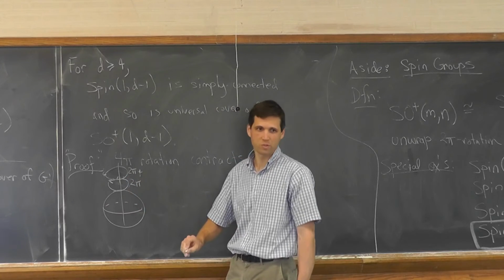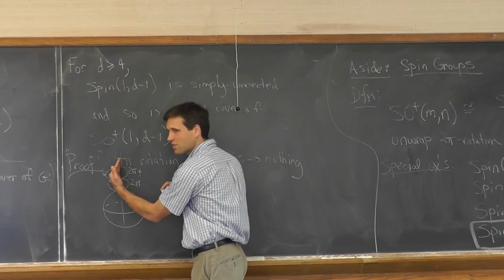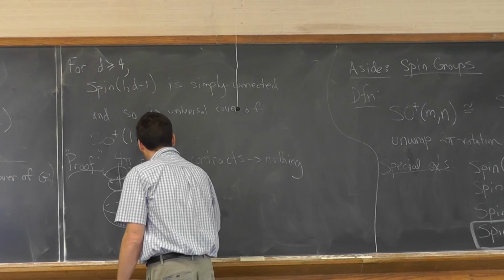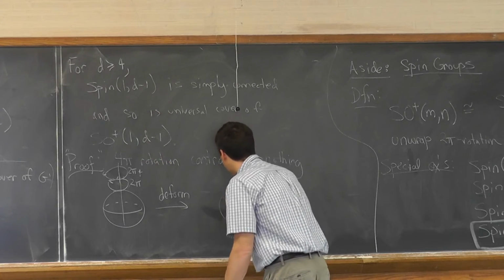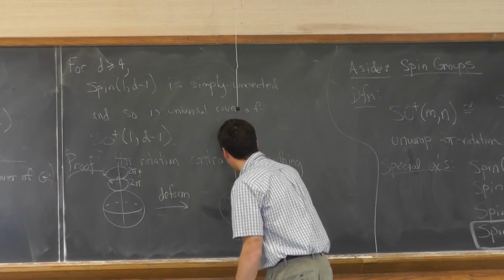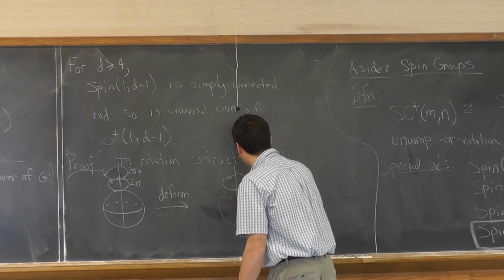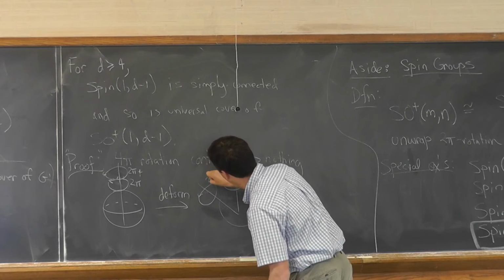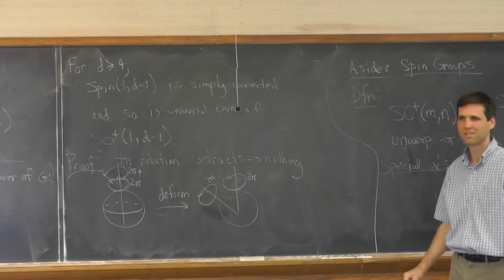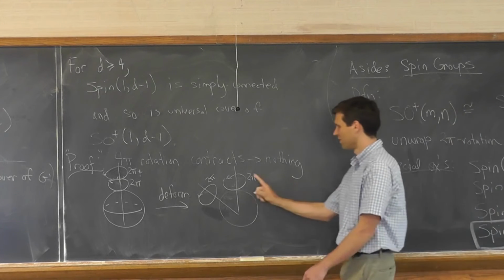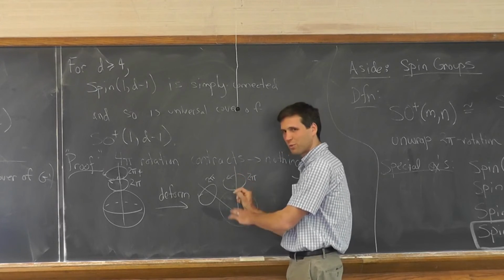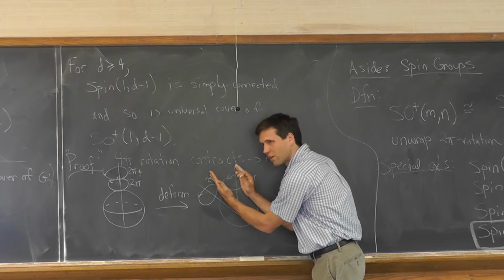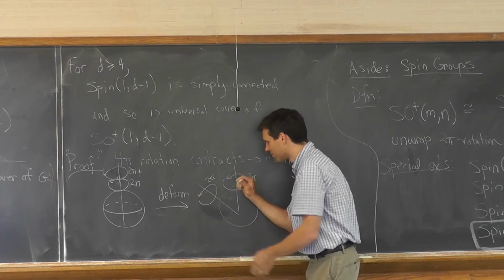Now we want to deform this procedure. We take one of these rotations and deform it to the left. So first we rotate by 2 pi around the z-axis, and then we rotate by 2 pi around that other axis. We're deforming this procedure in a continuous, smooth way, until this other axis of rotation is all the way at the bottom.